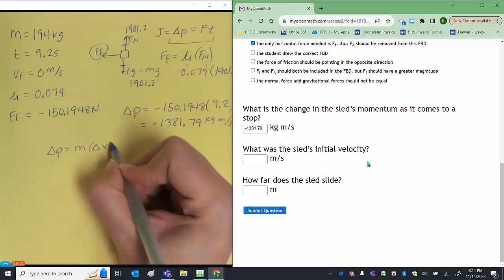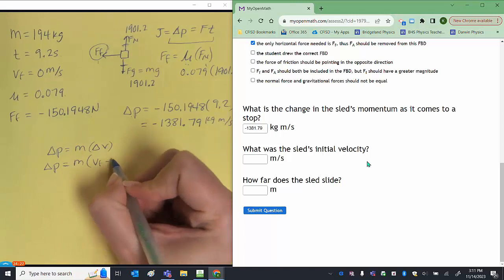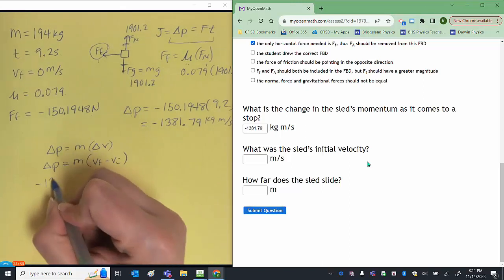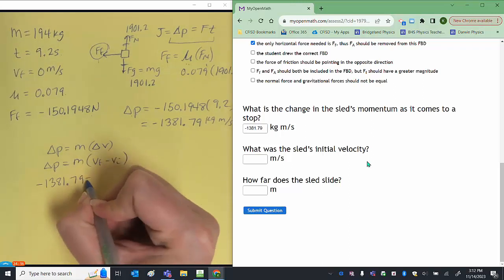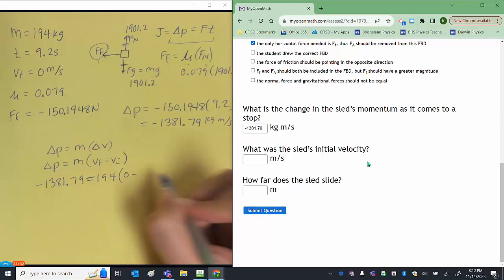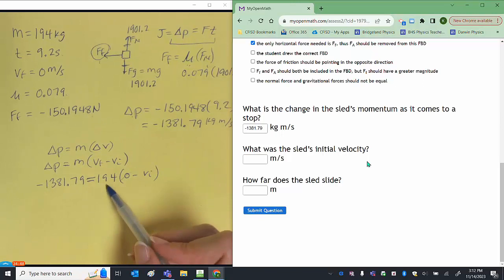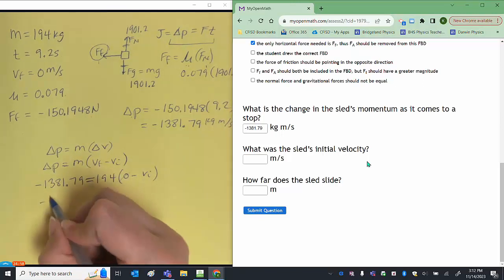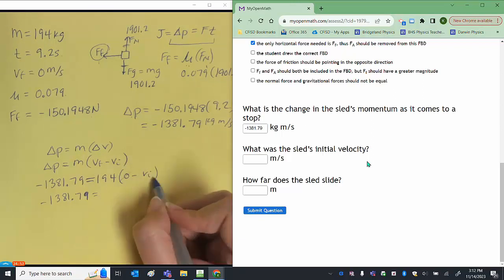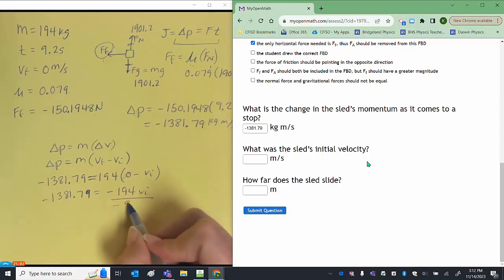I just need to substitute in here that delta P equals mass times VF minus VI, because that is delta V. And so if I want to substitute in, I have negative 1,381.79 equals my mass, 194, times VF is 0 minus VI. Of course that 0 goes away, and I have negative 1381.79 equals 194 times negative VI becomes negative 194 VI, and now I can divide both sides by negative 194.